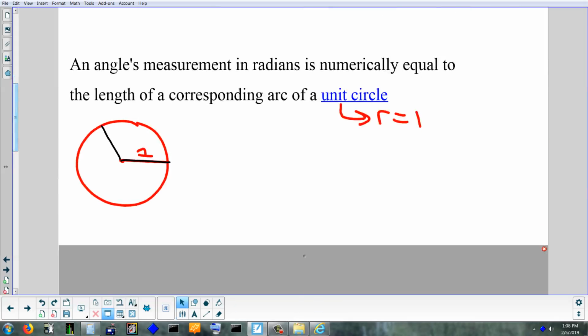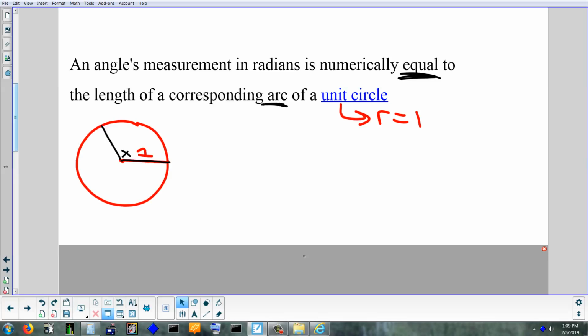Now, if you measure that angle in radians, it says that it's going to be equal to the arc. If you measure that angle in radians, whatever this comes out to right here using your protractor, say it came out to like 2.6 radians.